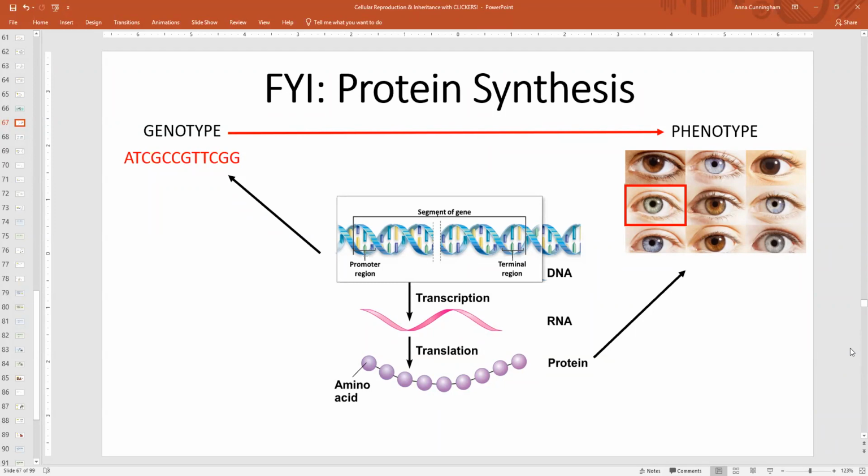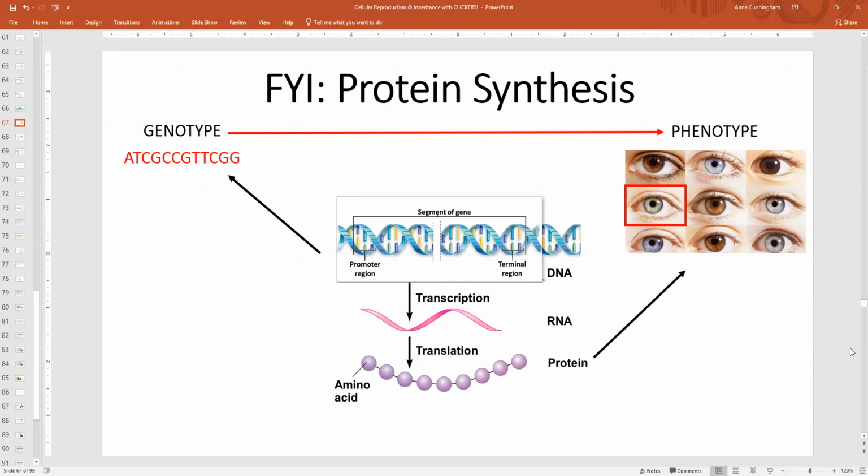For example, on this slide, you can see a genotype is a gene. Your genes are made up of nucleotides like adenine, thymine, cytosine, and guanine. So I have A, T, C, G, C, C, G, and so on. That's a genotype, just the nucleotide sequence that you have. When we read that through transcription and translation, it's read into a phenotype, which is the physical manifestation of that genotype.